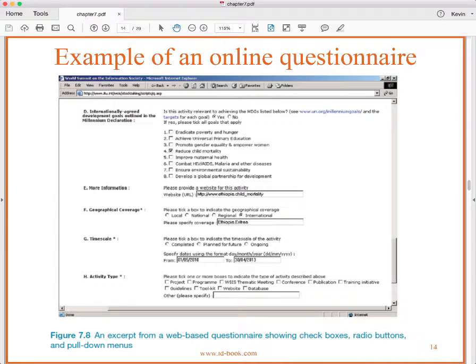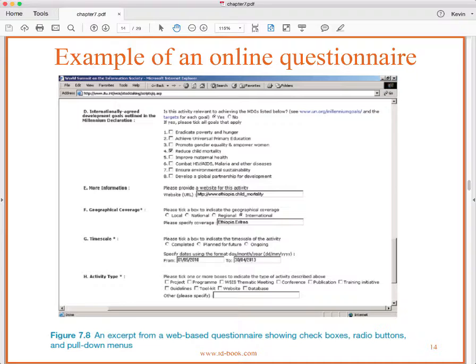Never say never, right? So here we see an example of an online questionnaire, and we can see that we can use all of the widgets you can typically have on a web page.